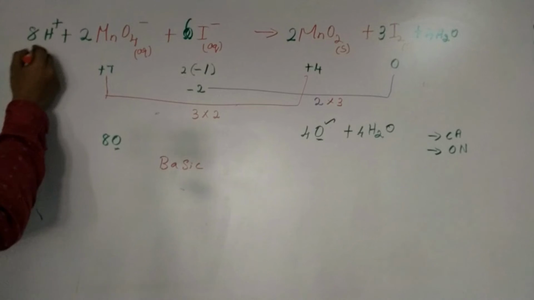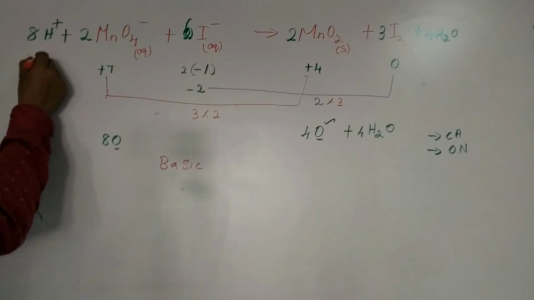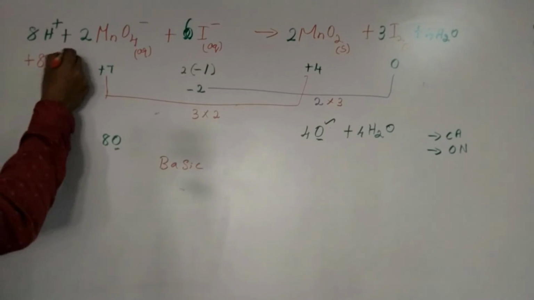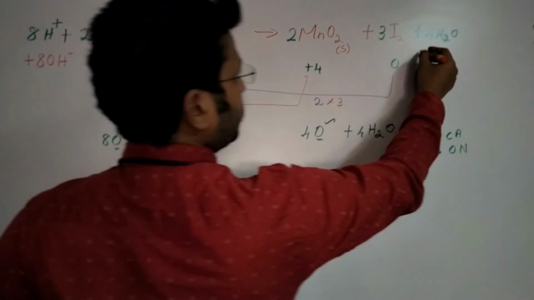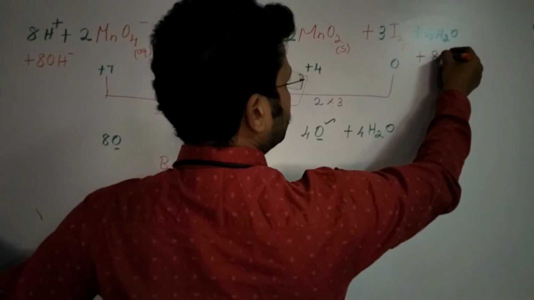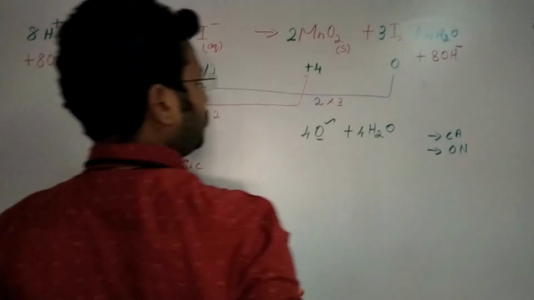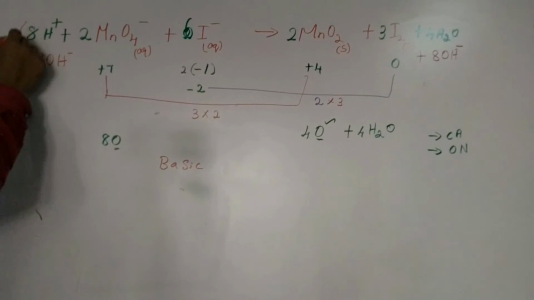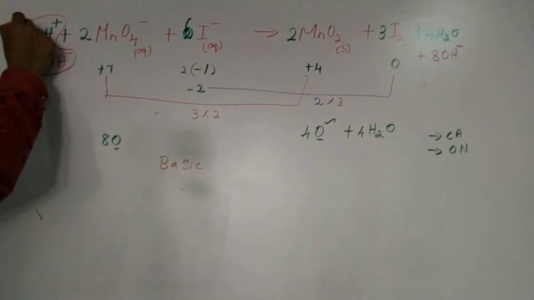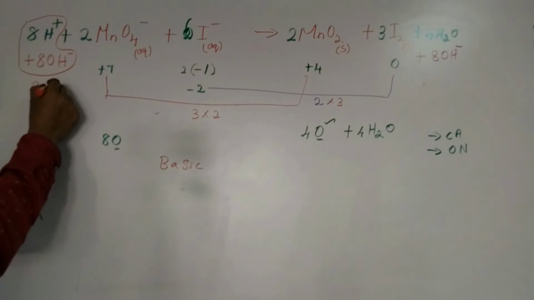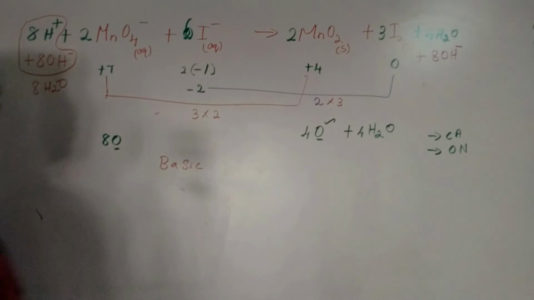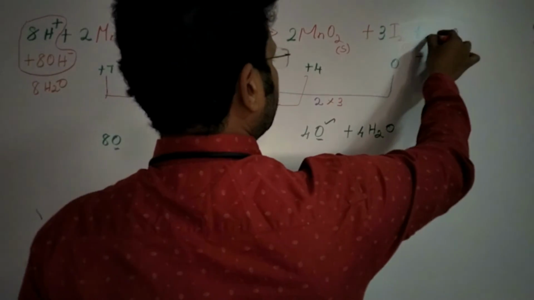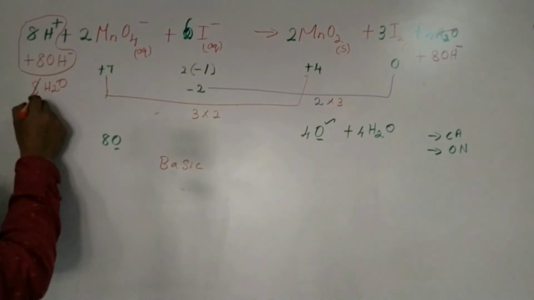So I have to add an equivalent amount of OH minus on both sides. Now this will combine and we'll get 8H2O and 4H2O, which will cancel out.